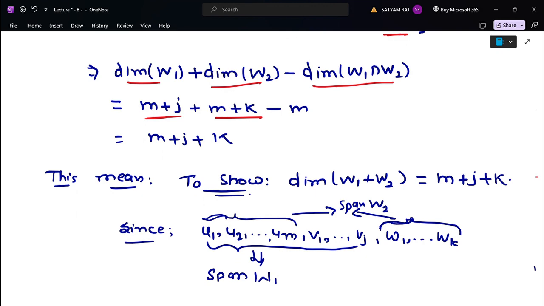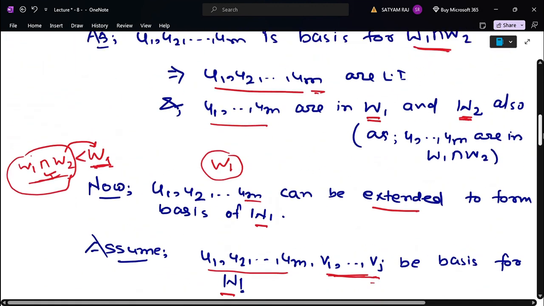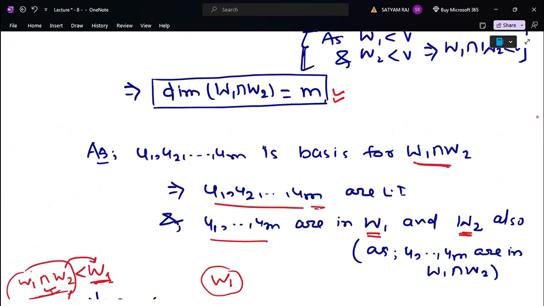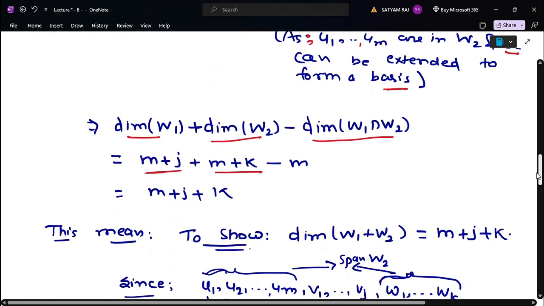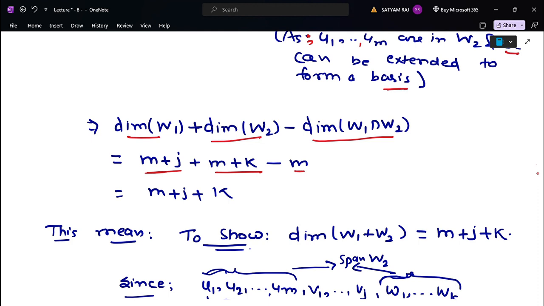And the dimension of W1 intersection W2 is m, so I have subtracted m. Now this m can be cancelled out. So what will be the resultant? m plus j plus k. This is nothing but the RHS of what we want to prove.